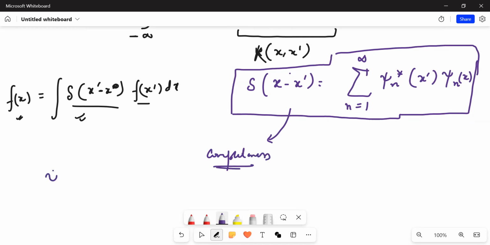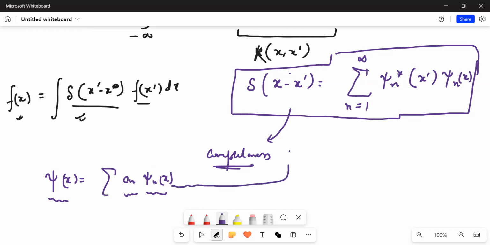Okay, so basically, if psi is written as the summation Cn psi n x, the wave function can be expressed as a linear combination of different orthonormal energy eigenstates, that is psi n. Then this psi n satisfies this relation.